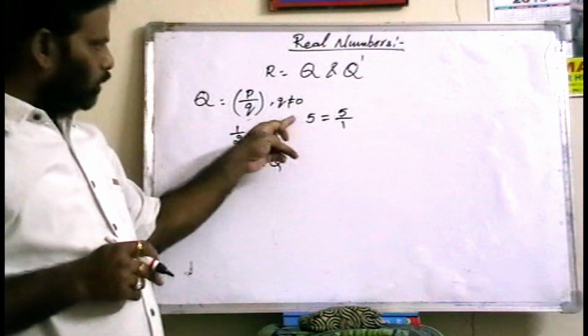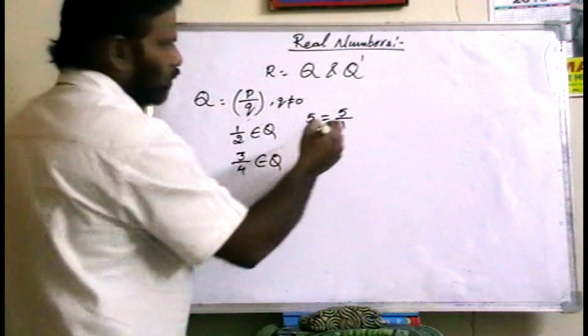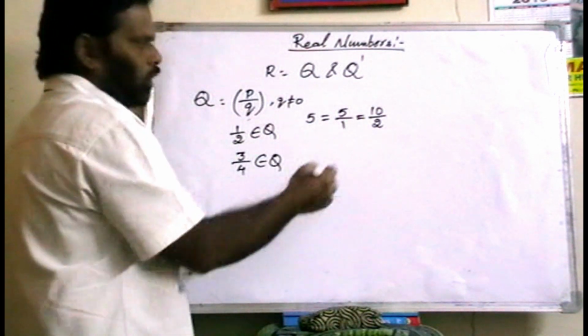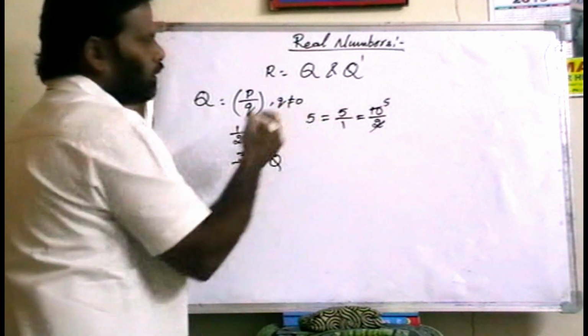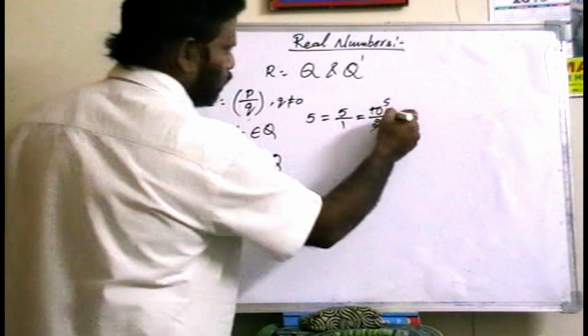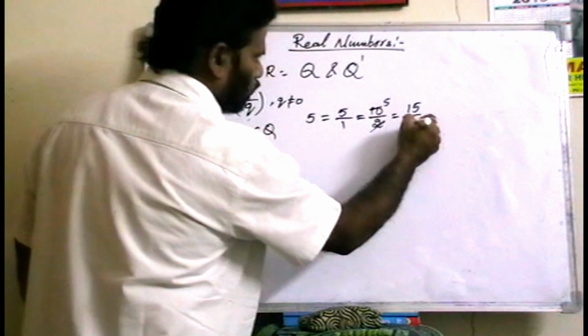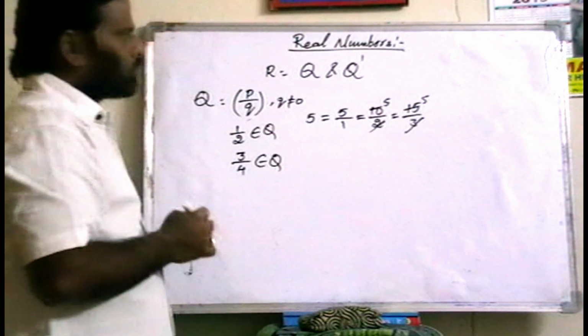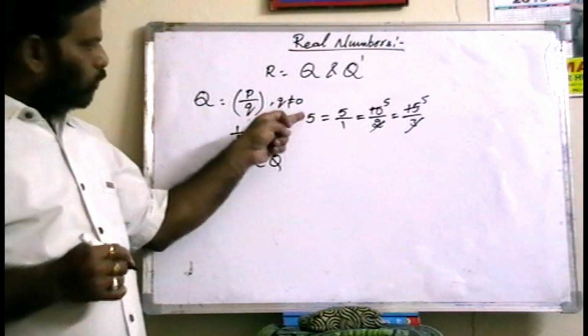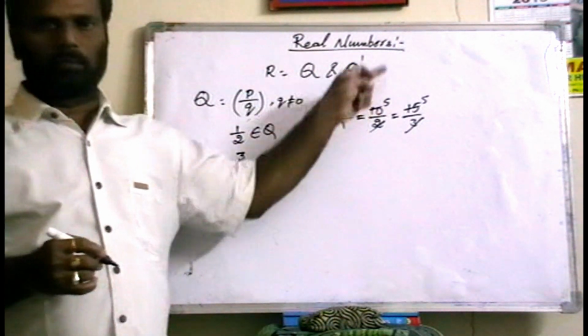Or 5 can be written as 10 by 2, which after simplification is 5, or as 15 by 3, which is also 5. So finally, 5 is also a rational number, because we can write it in the form of p by q.